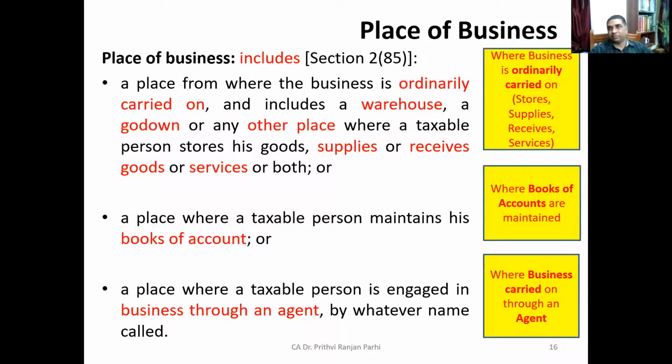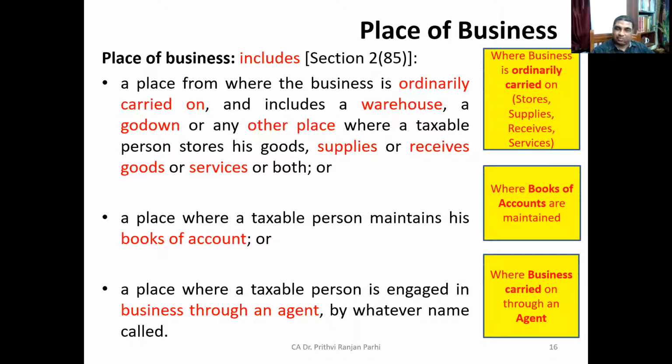Or a place where taxable person is engaged in business through an agent. Agent definition we have already covered. If the taxable person is engaged in a business through an agent, and its agent is operating from a different place, that means business is carried on from that place through an agent. That place is also place of business.